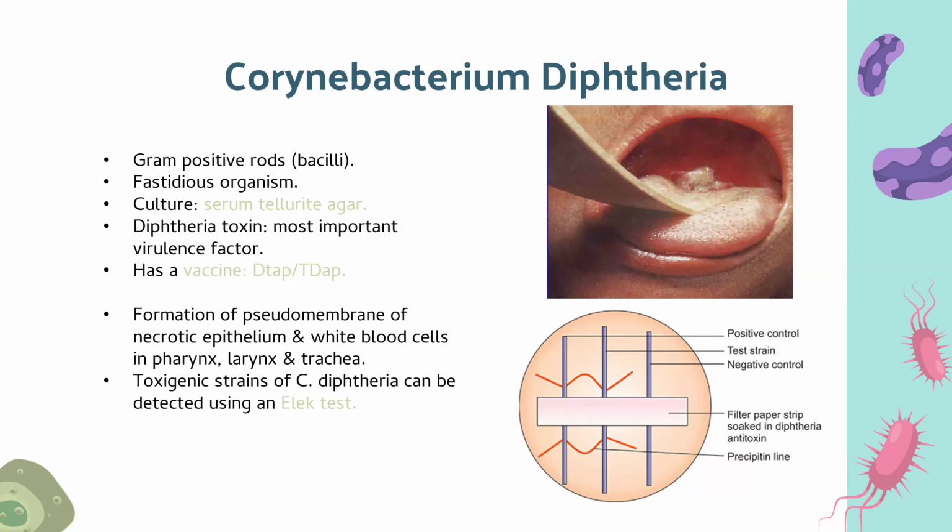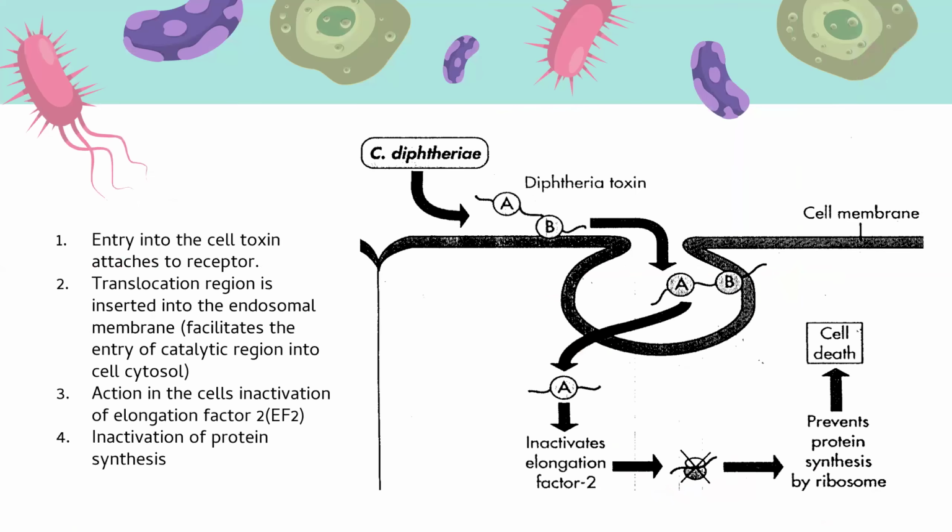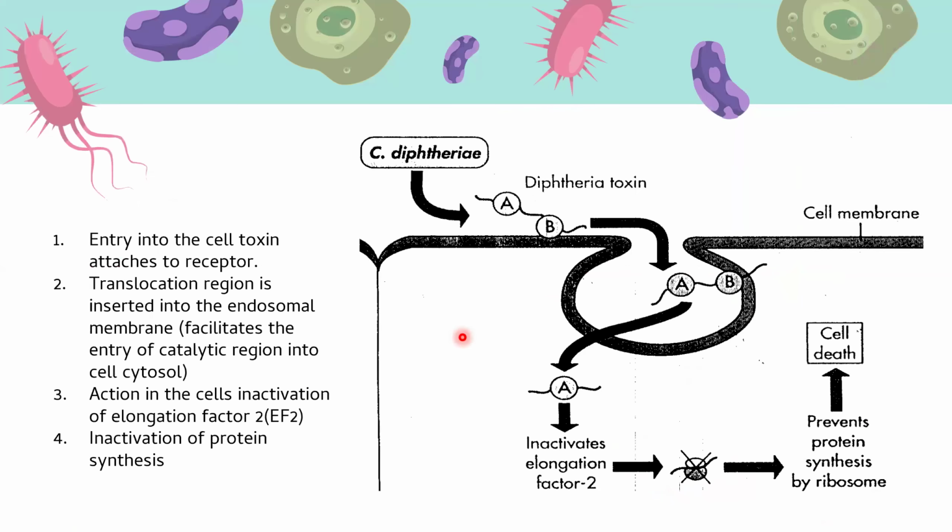All right. Now going back to the toxin itself, how does it actually exercise its effect and how does it cause disease? What it does is that it inactivates something called elongation factor 2. It enters the cell and then it goes to this elongation factor 2 and just inactivates it. From the name, elongation factor, what is it supposed to do? It's involved in protein synthesis.